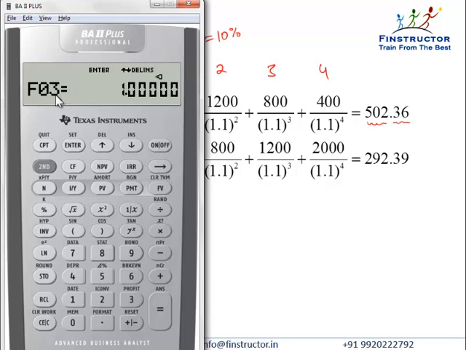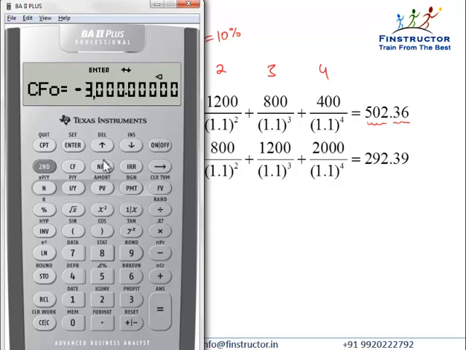Scroll down, let F03 be 1, and finally we get $400 at the end of year 4. If you scroll down and you keep scrolling down, you will come back to CF0 equal to minus 3000. So we've entered the cash flows in our cash flow sheet.